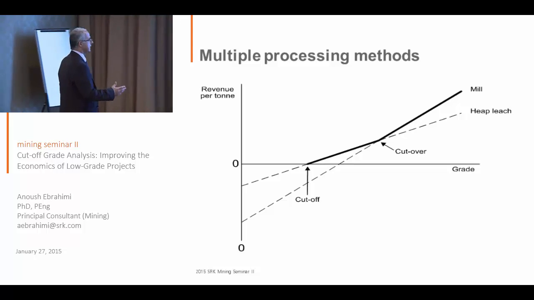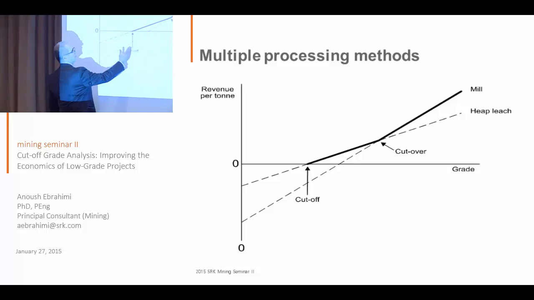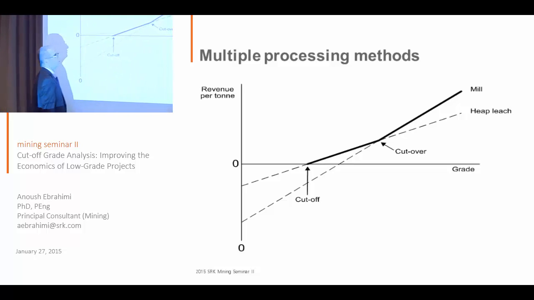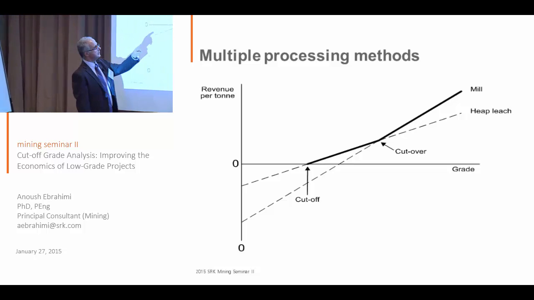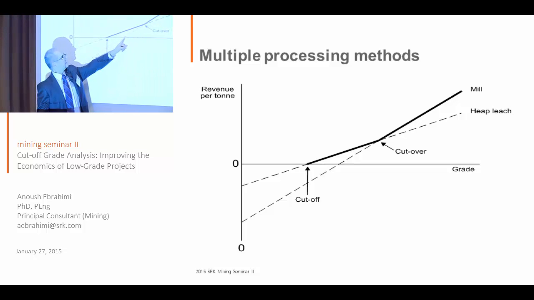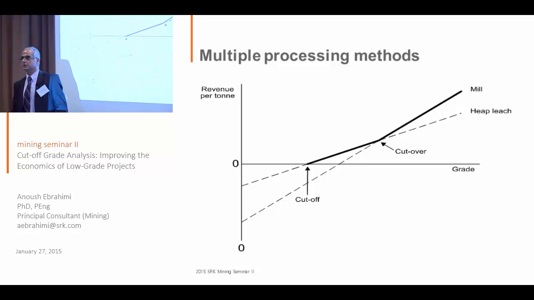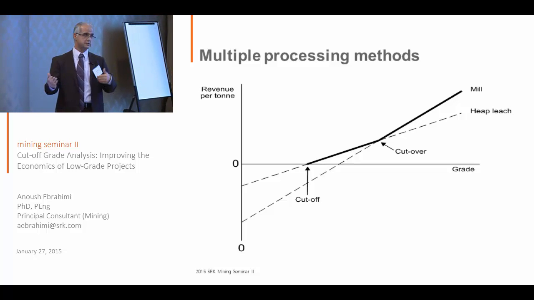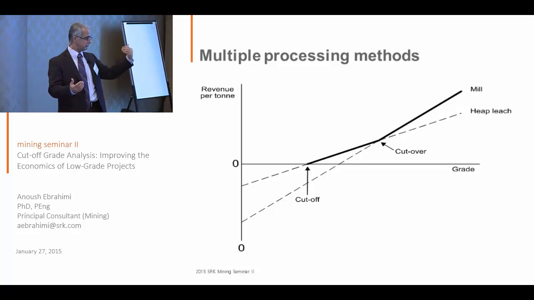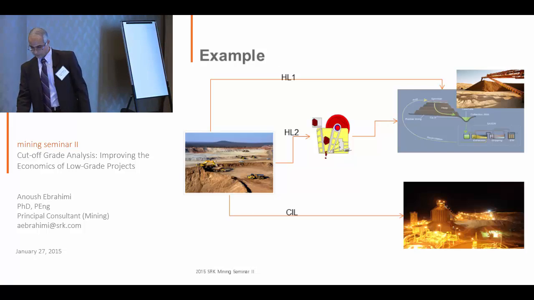It means you should mine from here to here using heap leach, and after that, mill. If you have only CIL, you mine only from here above, and what you lose is the material at the cutoff of the mill and below. That's the deposit you're going to lose.